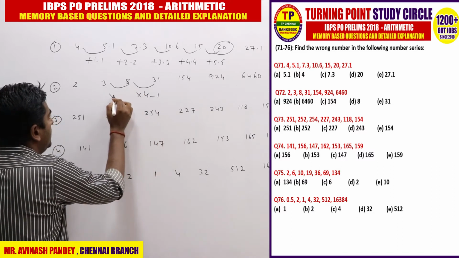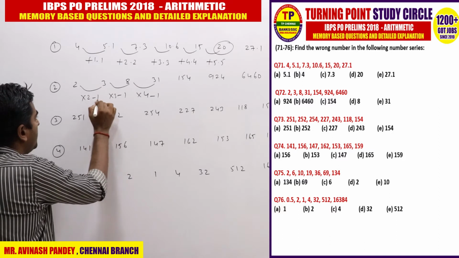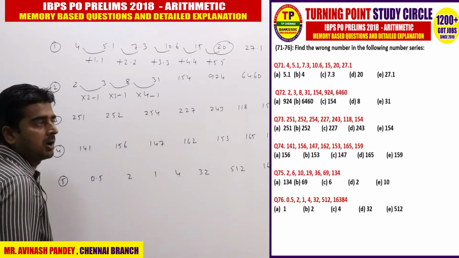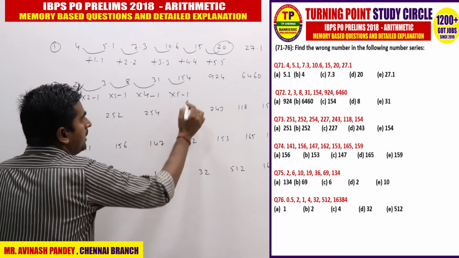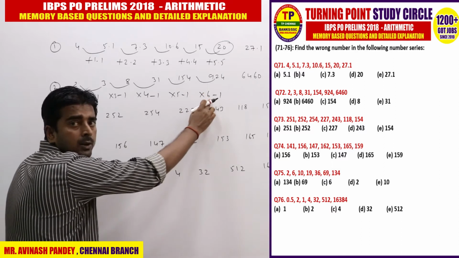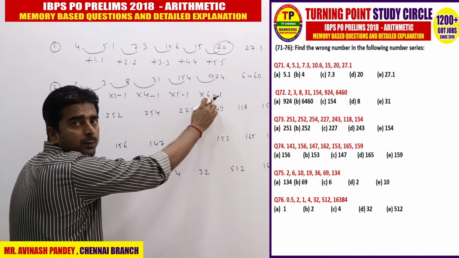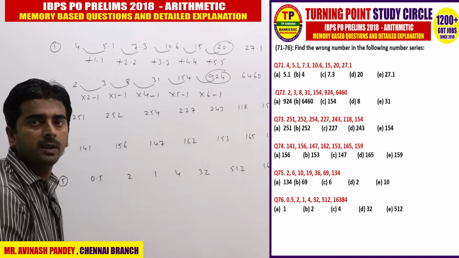What about here? Into 3 minus 1. Then here? Into 2 minus 1. So here logics are going on in a proper manner. What about here? Into 5 minus 1. This is also correct. And what about here? Into 6 minus 1. What is 4 into 6? 24. Unit digit is 4. What is 4 minus 1? 3, not 4. So this is my wrong number.